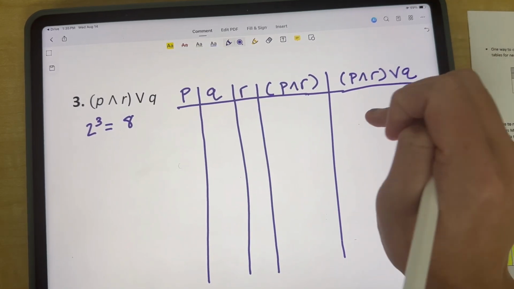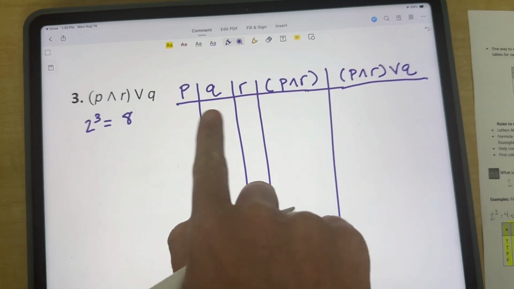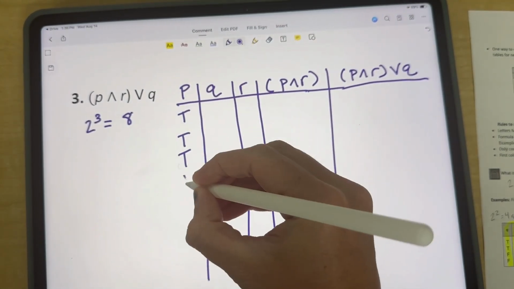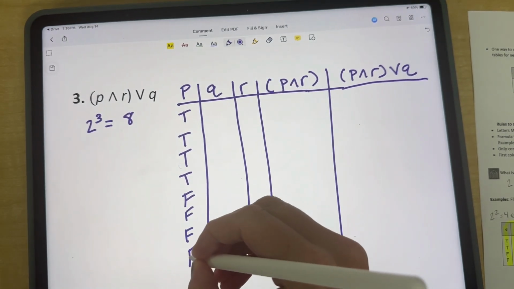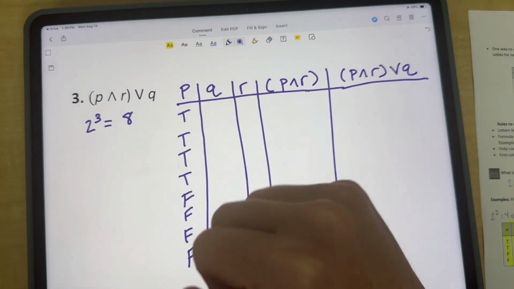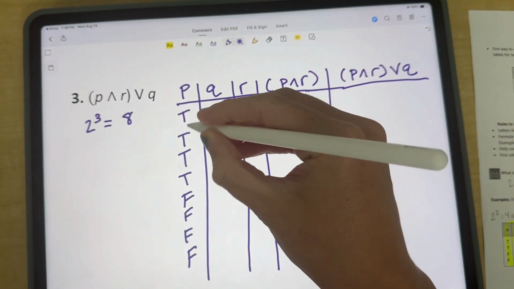All right. So again, 3 starting letters means 8 rows. The first 4 on this one, the top half are T's, the bottom half are F. Okay. The next one, if this is 4 T's, 4 F's, the next one goes 4 divided by 2 is 2.